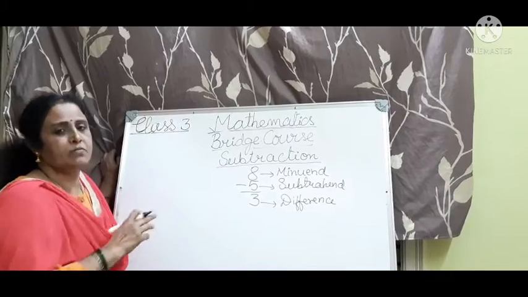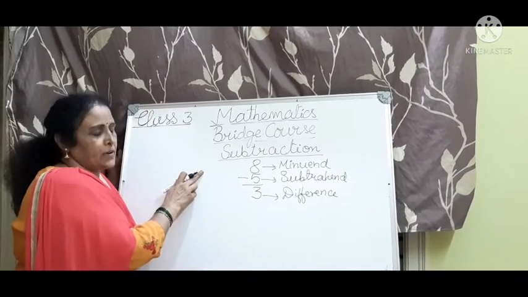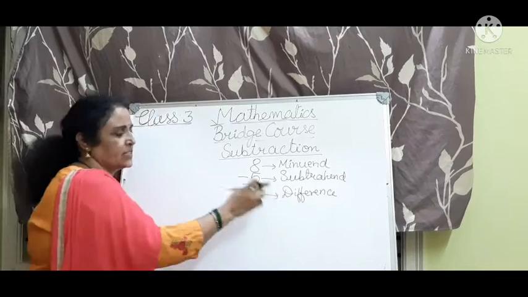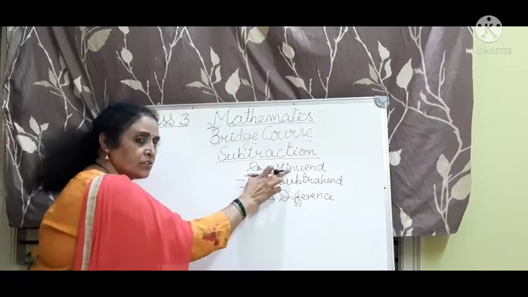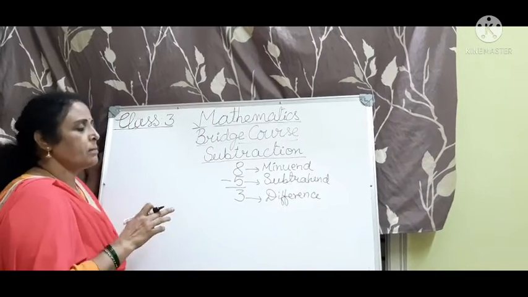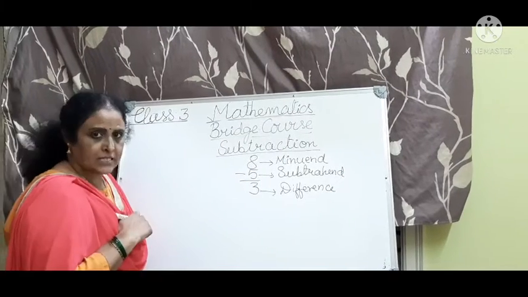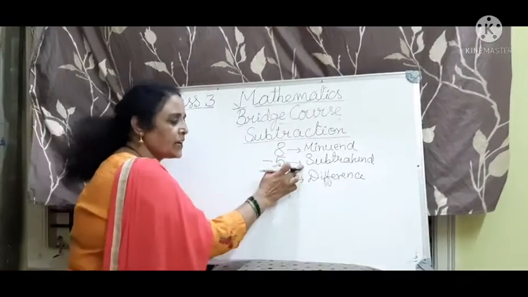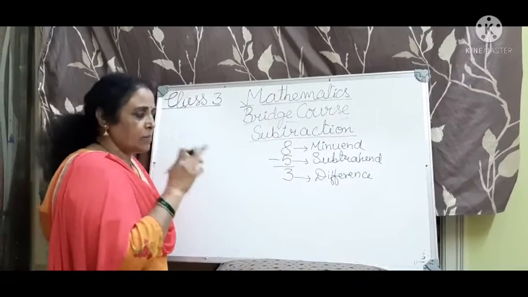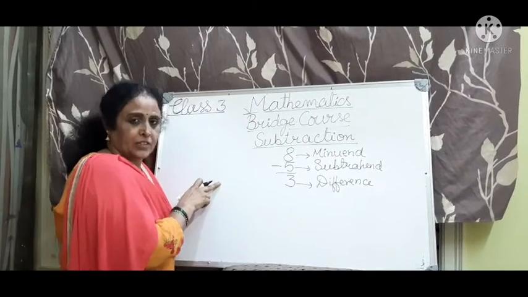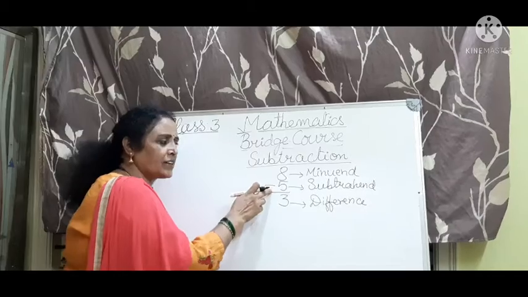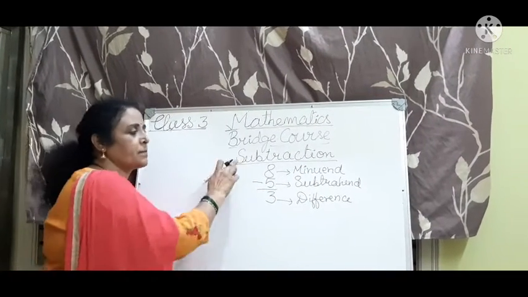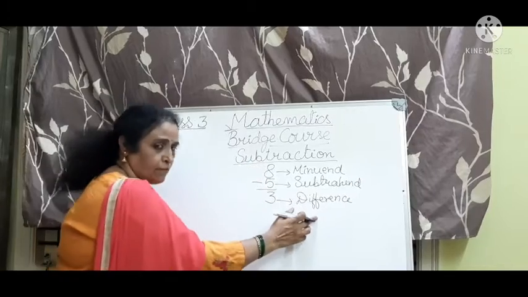These are the terms which we are using in subtraction: minuend, subtrahend and difference. Minuend means the number from which we are subtracting. Subtrahend means the number we are subtracting. The result of the subtraction is called difference.